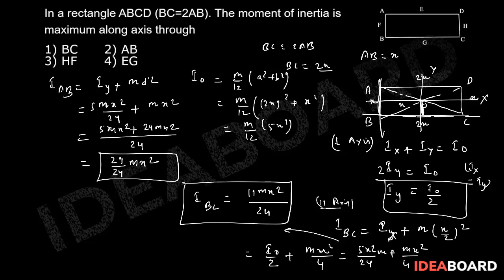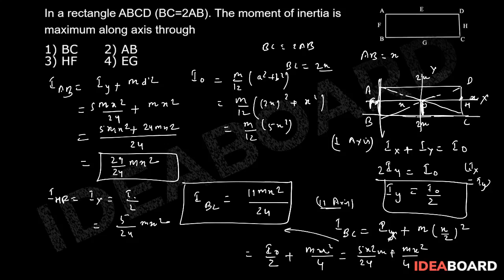Now we need it again for HF. What is HF? H is this point and F is this. We know that IHF is nothing but I along x, which is I0 by 2, which is 5 by 24 m x squared.